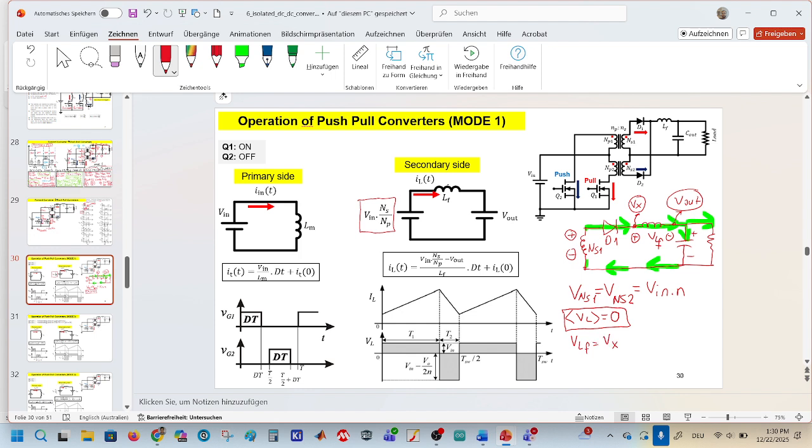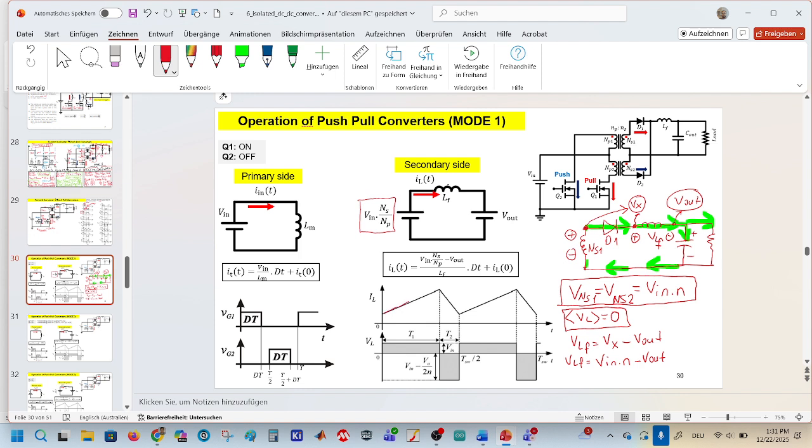It's just the difference between V of X and V out. And V of X is actually equal to this guy here, because we know that these two potentials are the same. So the difference is again N times input voltage minus V out. This is during on time.